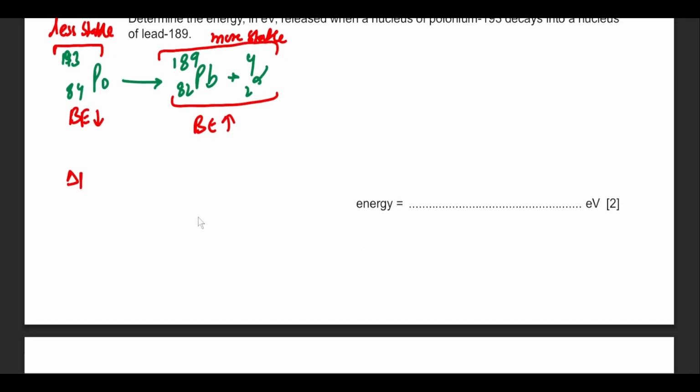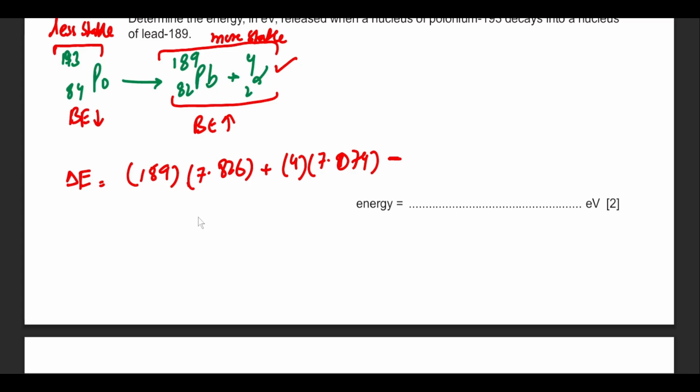So the delta E should be equal to 189 nucleons of lead, and the energy is given to us as 7.826, plus, because it's on the same side, 4 times 7.074, the alpha, minus some of the energy is taken back by the PO, which is polonium, of course, which is 193 nucleons at a binding energy of 7.774 per nucleon.